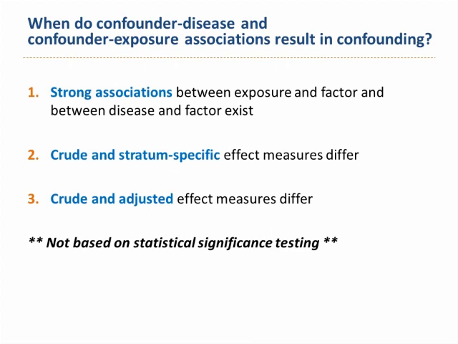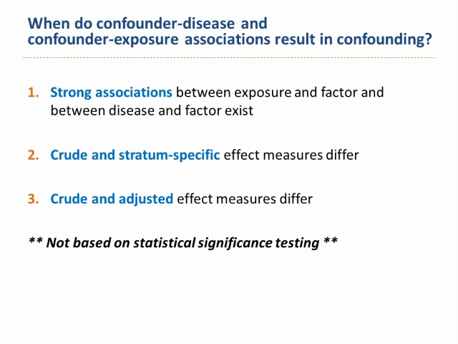We don't judge the presence or absence of confounding based on statistical criteria. Rather, we assess confounding based on our judgment of its effect on the measure of excess risk that we're interested in.